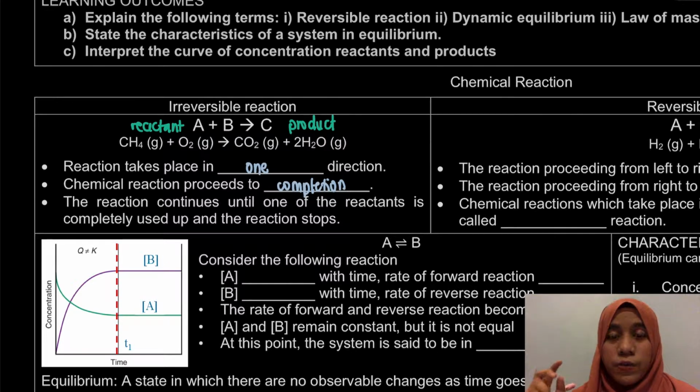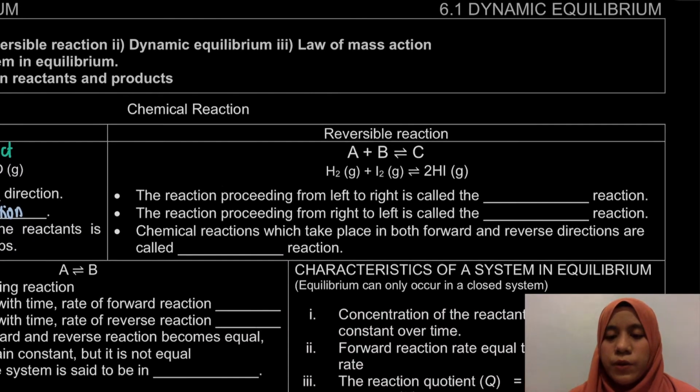The new thing that we are going to learn in this chapter and going forward is reversible reaction. Again, we have A and B to become C. Remember that the left hand side is our reactant and the right hand side is our product. Here it is a reversible reaction.